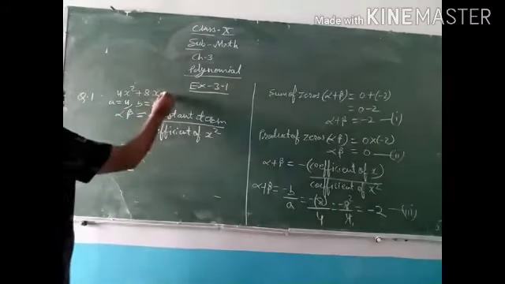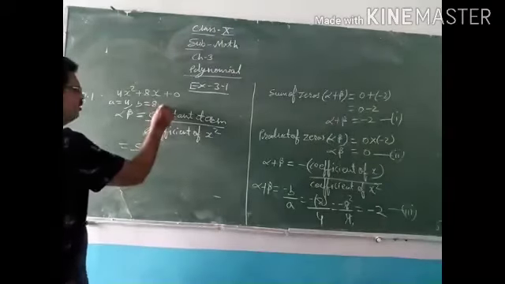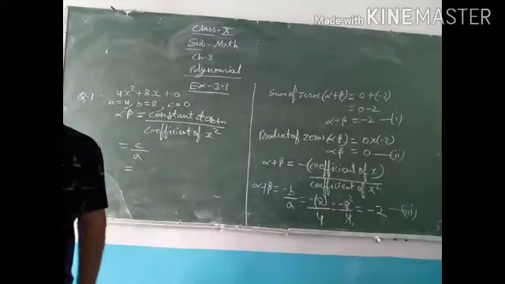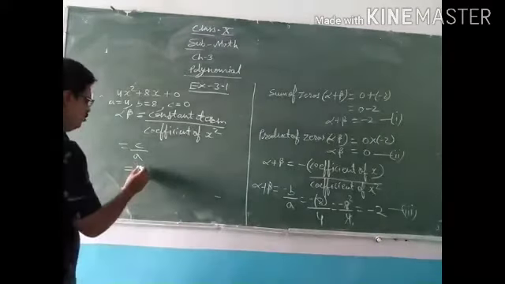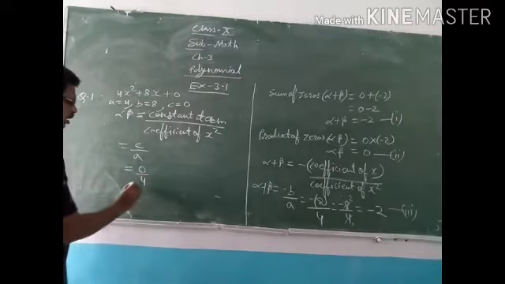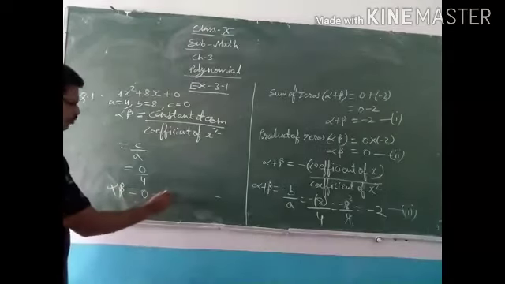So we can put the constant term as 0. So that means c is equal to 0. Okay. So c equals 0 upon a equals 4, so ultimately 0. So alpha into beta is equal to 0.